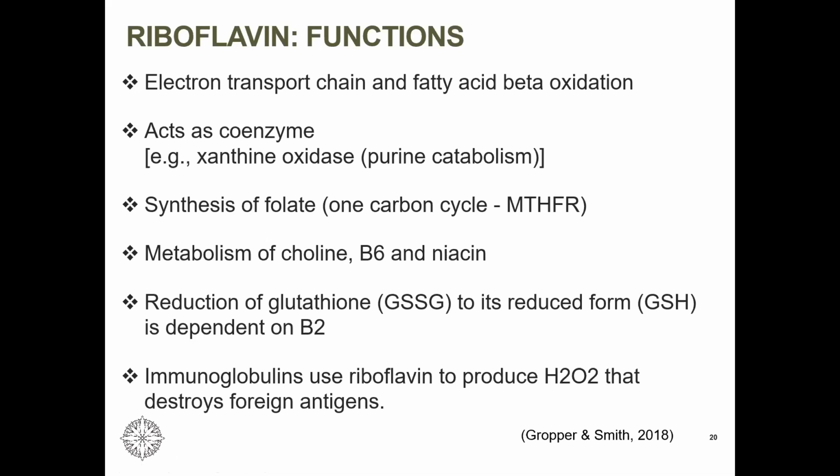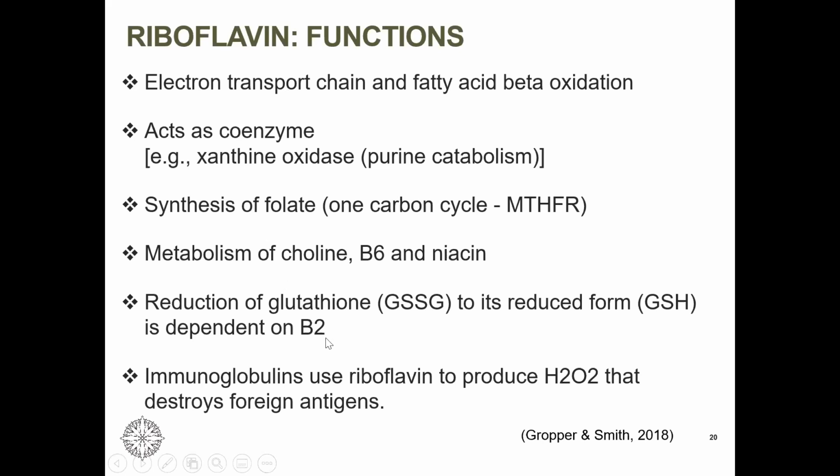Sorry, it should be synthesis of the active form of folate in our body, which happens in a pathway called 1-carbon metabolism. And we will go through it in our session 8, because it is in that same pathway we talk about the MTHFR gene. So keep your questions saved for that session.